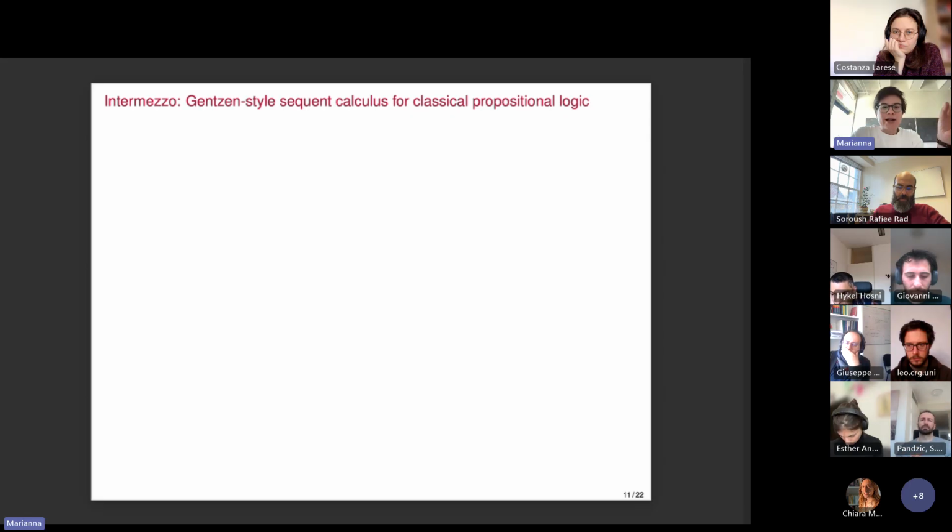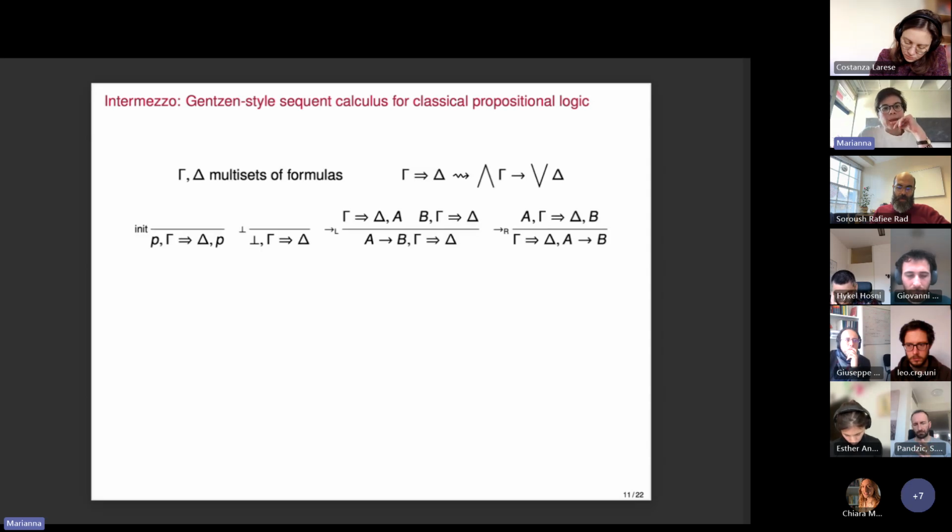I will quickly introduce it, and then I will try to motivate why this framework is not enough for conditional logic, why we need a bit more than just the Gentzen-style calculus. In usual Gentzen-style sequent calculus, the basic components are sequents. For Γ, Δ multisets of formulas, a sequent would be of this form: Γ ⇒ Δ.